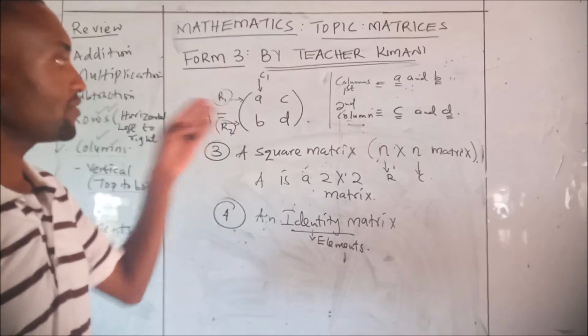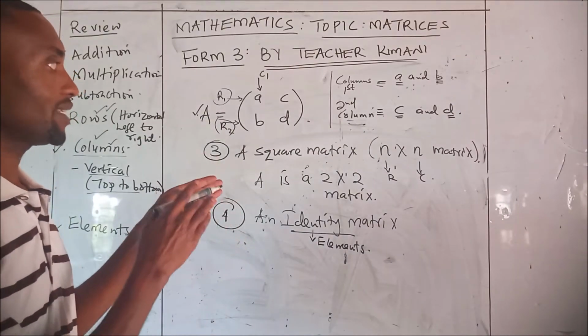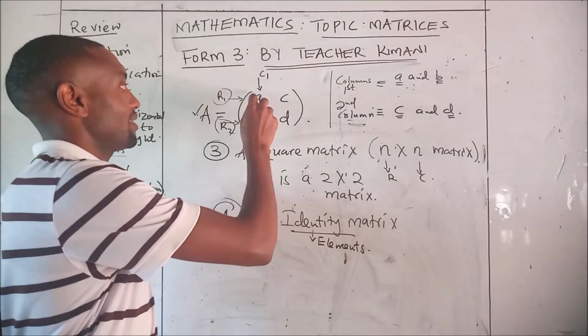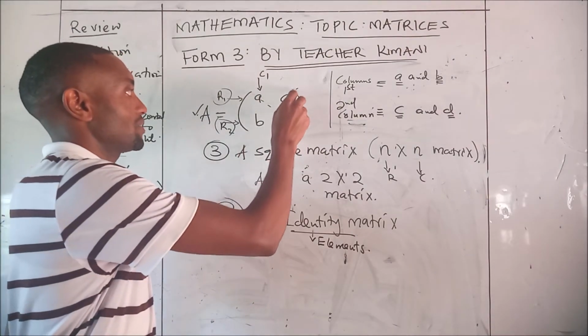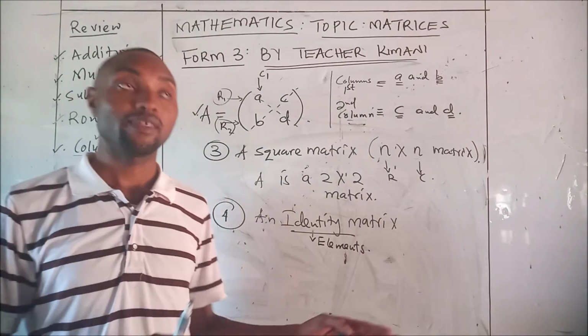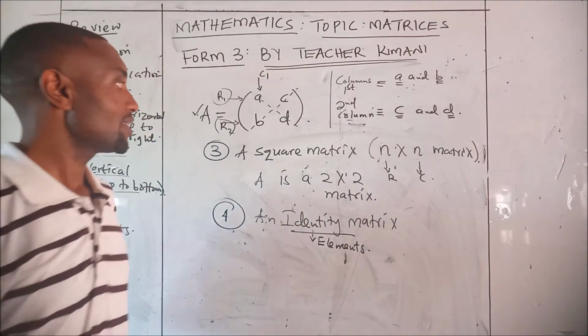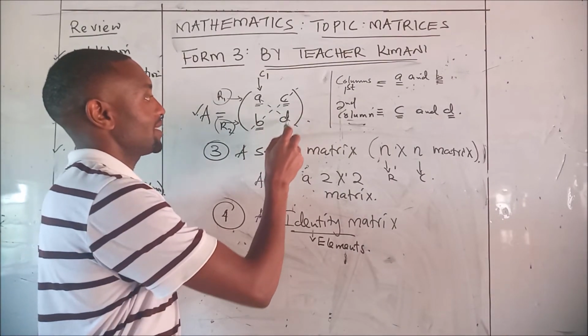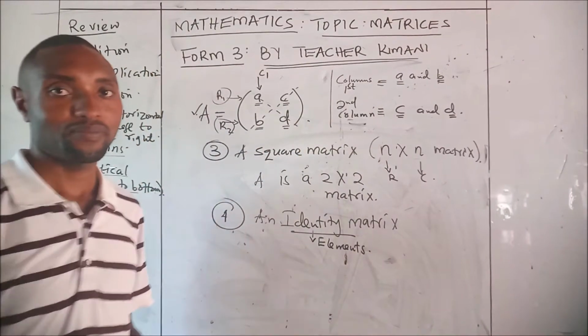In our case, we have A and D, then B and C. Those are the diagonals we are talking about. In those diagonals we have the elements. A is an element, B is an element, C is an element, and D is an element.